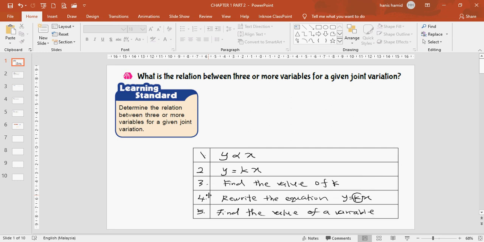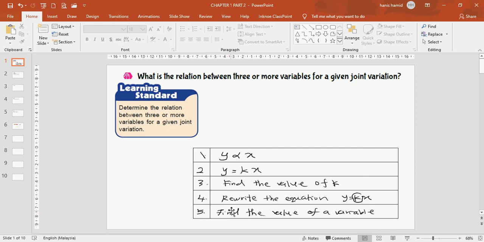And if the question asks you to find the value of a variable given another value of the variables, you must perform step 1 until step 5. So this is what you already learned during the previous lesson.